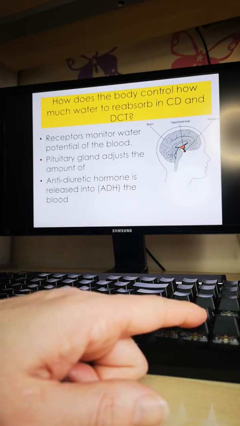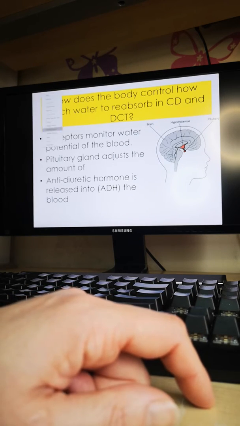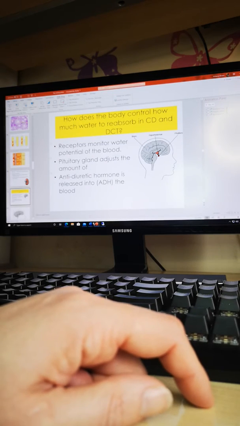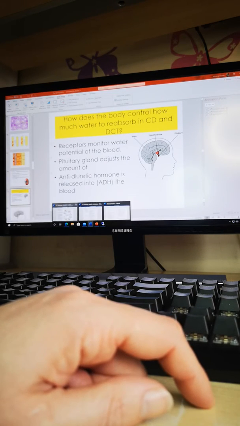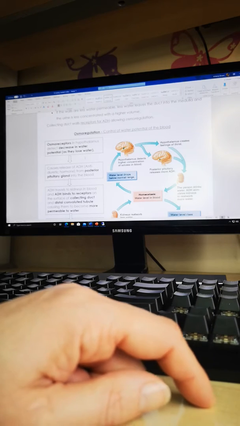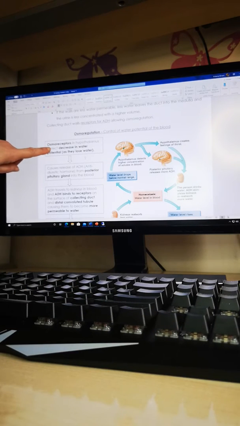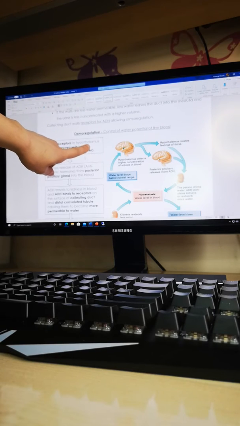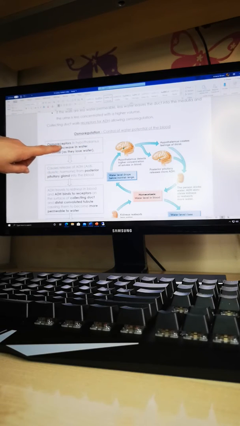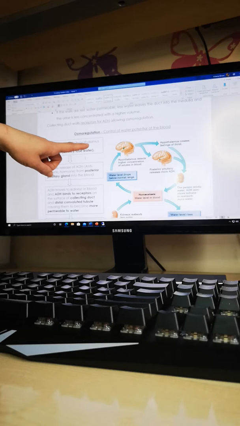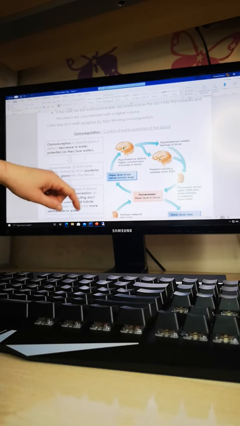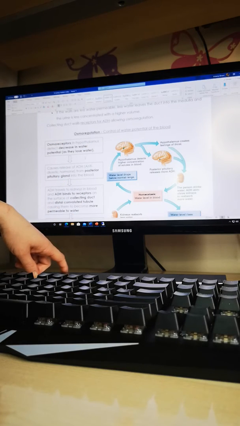Okay. So if we have a look back into your keynotes, you can see we have a name for those receptors and a place where they're found. Okay, so the osmoreceptors, because they're monitoring water potential in the blood, and they're found in the hypothalamus of the brain.